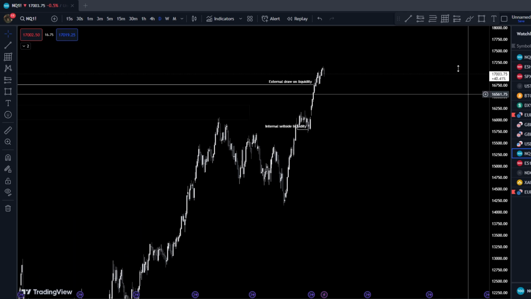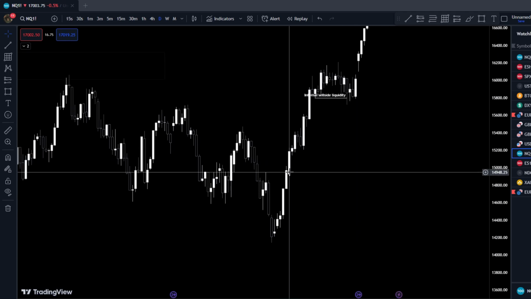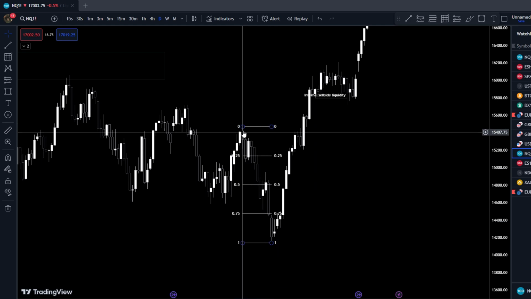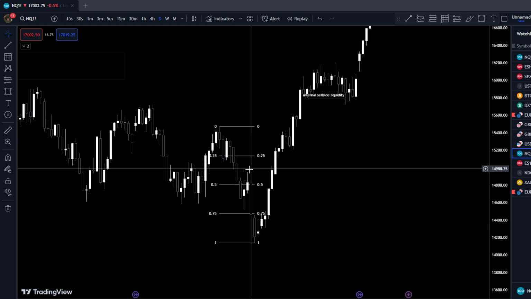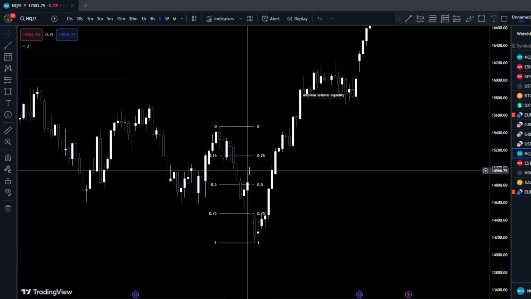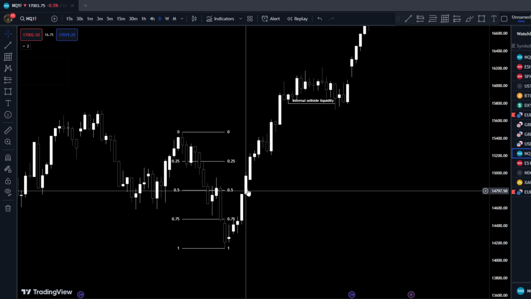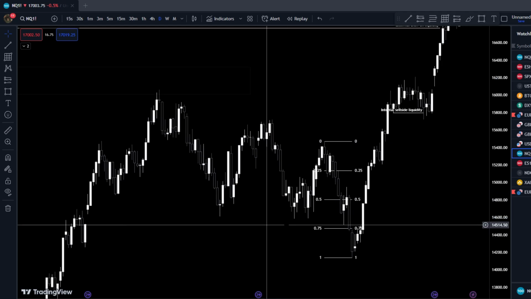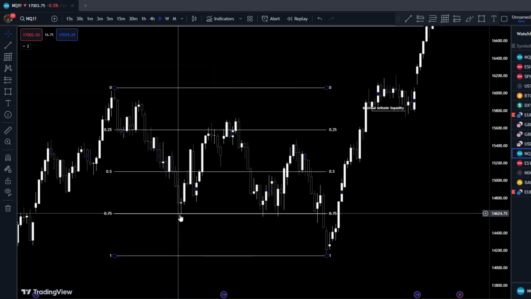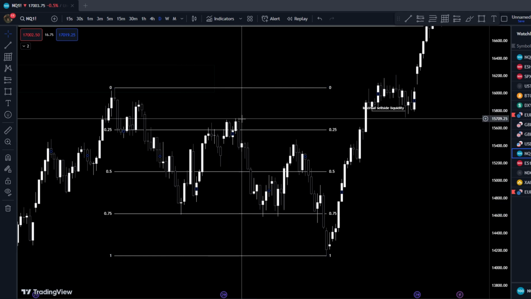Even in this range, these are internal highs and lows, but this is external highs and lows, and this is internal. In this range, these are internal lows and internal highs.